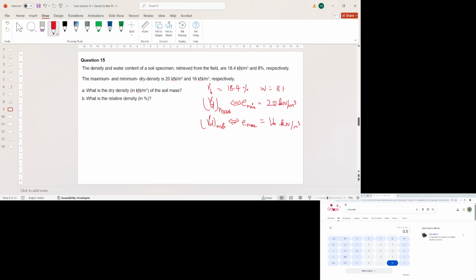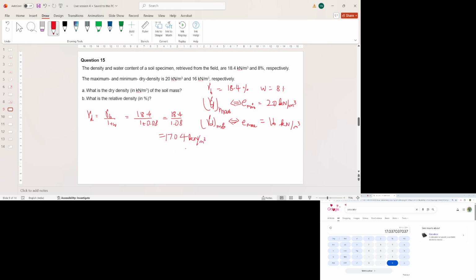Now, the first question is the dry density of the soil. We have the formula gamma dry equals gamma bulk divided by 1 plus w. So we have 18.4 divided by 1.08, which is going to be 17.04 kilonewton per meter cube.